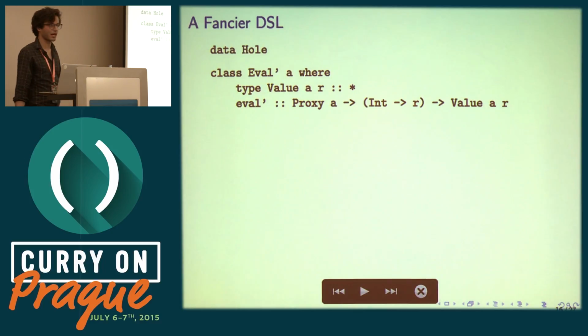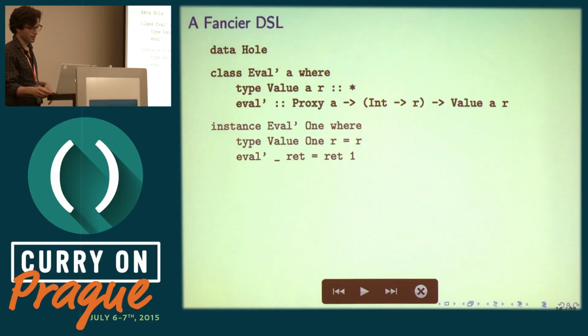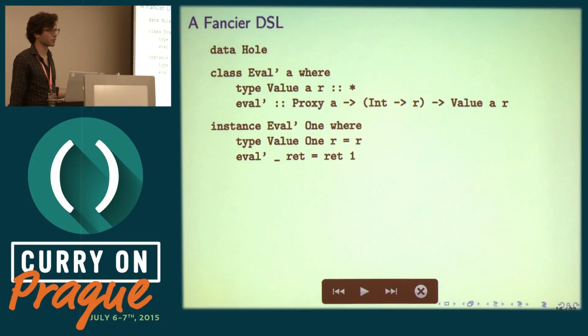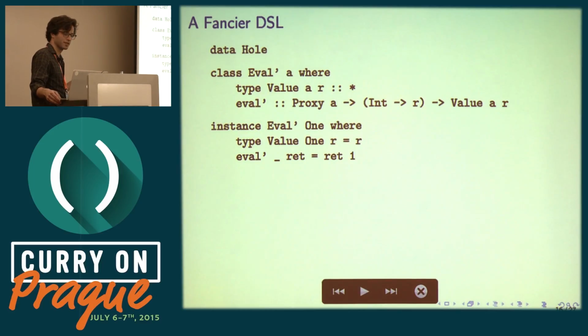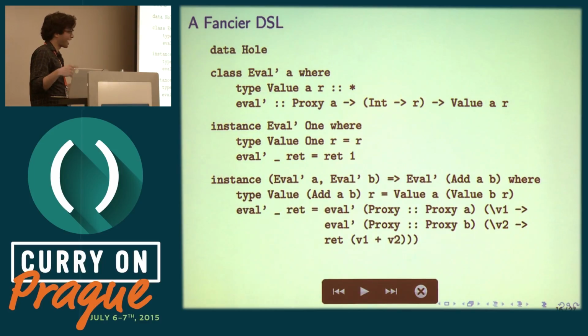But of course, value A R doesn't have to be R. In the case of 1, it's basically just a CPS version of our previous interpretation, or of our previous instance. In the case of add, it is too.